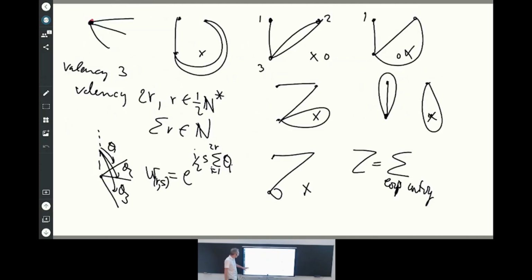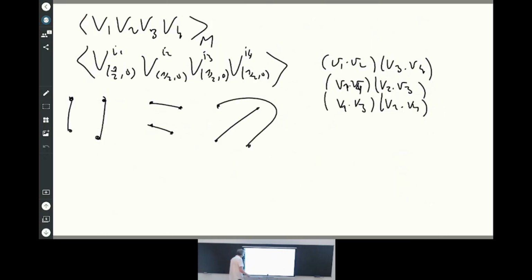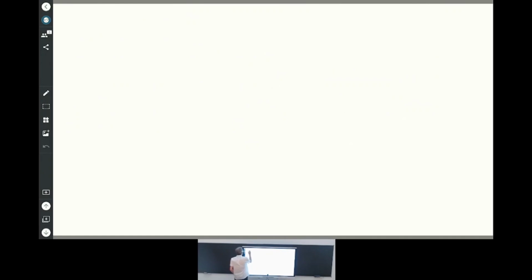So let's come back to our loop ending punctures, which are parameterized by valency and an angular momentum. And then let me write this Z now. Once you add the number of these vertices, what does this Z look like? So the Z is still a sum of loop configurations, but now each configuration may have a different weight.